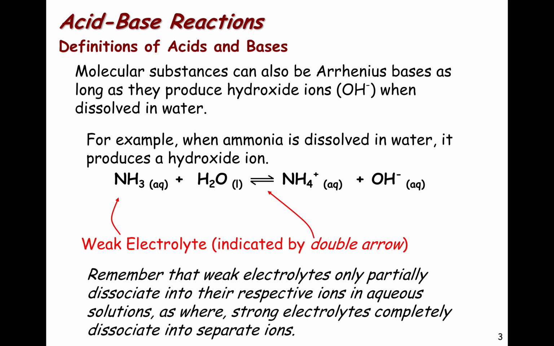This is actually a weak electrolyte because it is an equilibrium situation where only a small fraction of the ammonia actually reacts with the water to produce the ammonium ion and hydroxide.